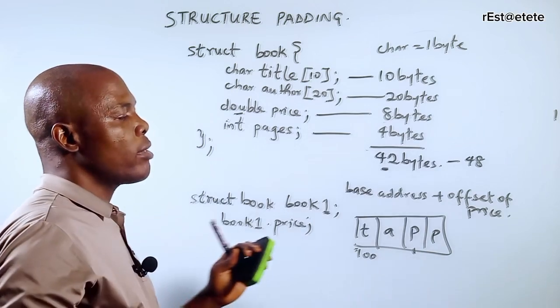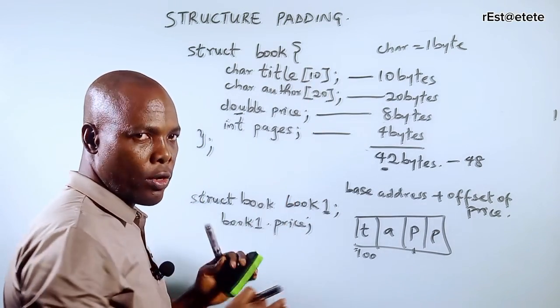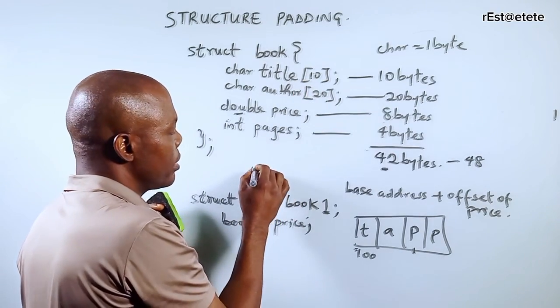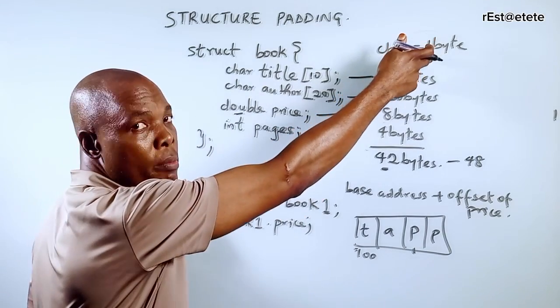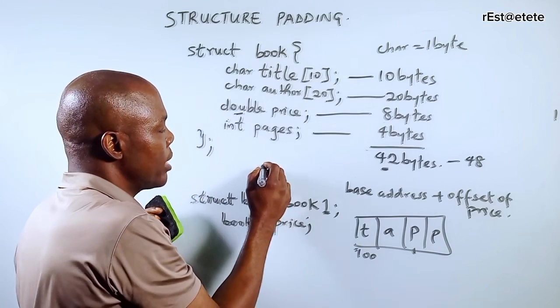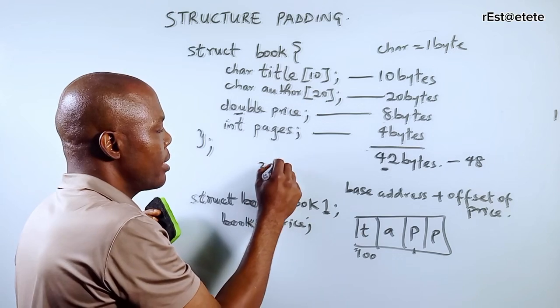Now, how would the compiler do this calculation? 10 bytes, of course, is aligning. It's going to align the data. 10 bytes will be aligned in 10 bytes. The 20 bytes is in 1-byte units, so there will be no need for any padding. So it will just increase it to 30. 10 plus 20, that is 30 bytes, right?